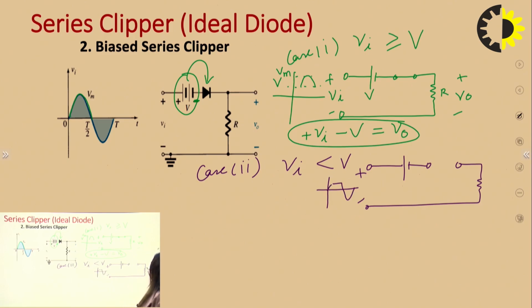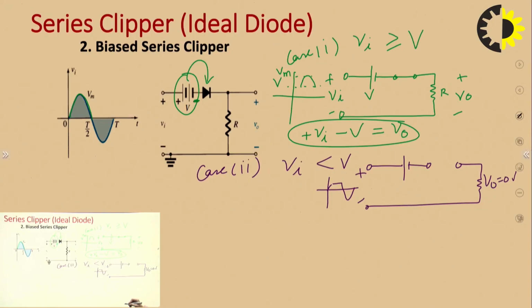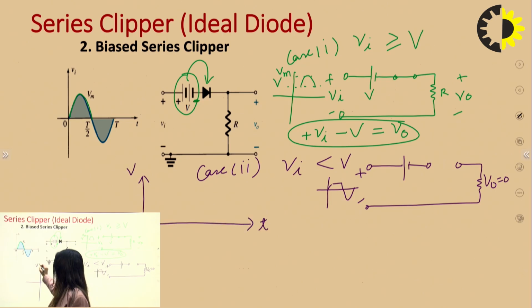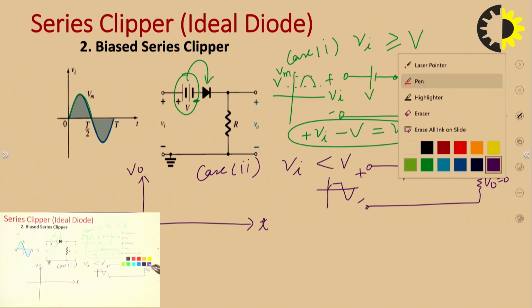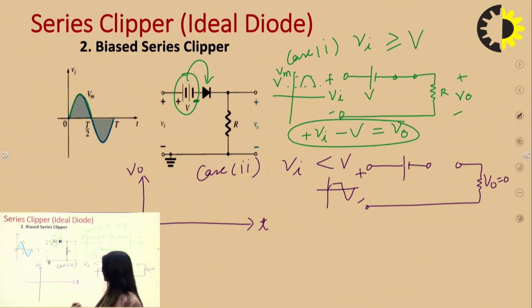Here the output voltage is equal to 0 volt because there is no current, right? So we will draw the waveform. This is my output waveform. All the calculation has been done. It is very easy. You just need to find out the cases. So output voltage, it is VO equals Vi minus V.